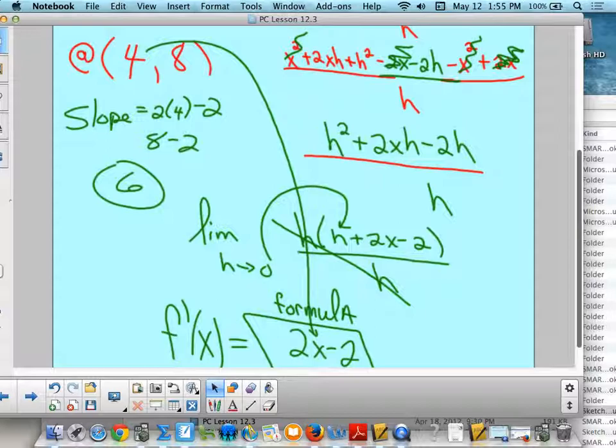Plus 2xh, plus h squared. You're going to have a lot of things over h. And a lot of things are going to cancel out. And then you factor out an h and then even better things happen. What do you do with that?